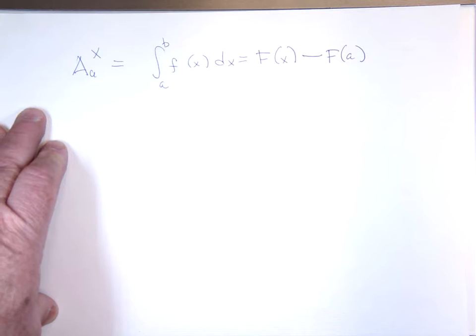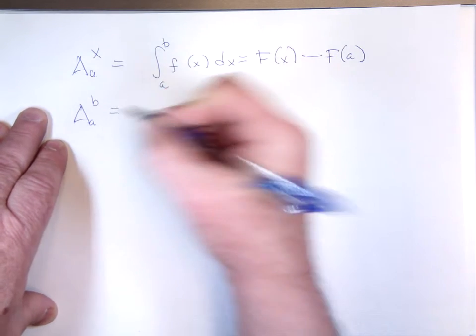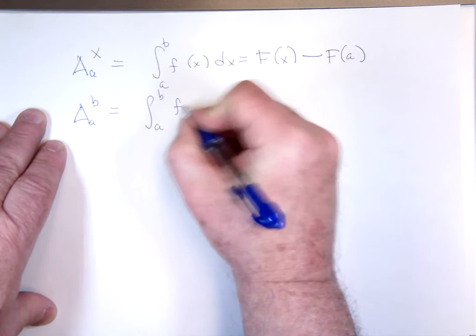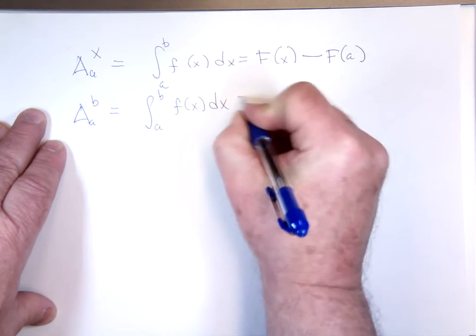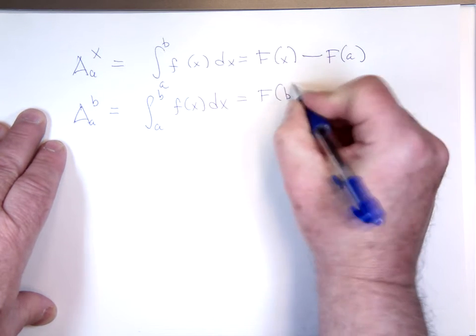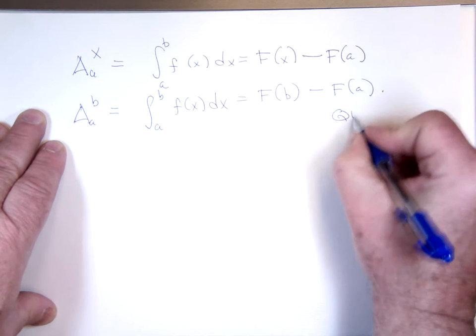Finally, the area from A to B, replace x with b, is equal to the integral from A to B of f of x dx, which is equal to, replace the x with b, capital F of b minus capital F of A. That's a QED.